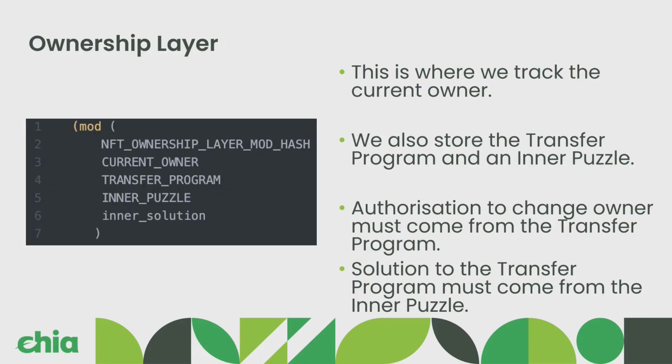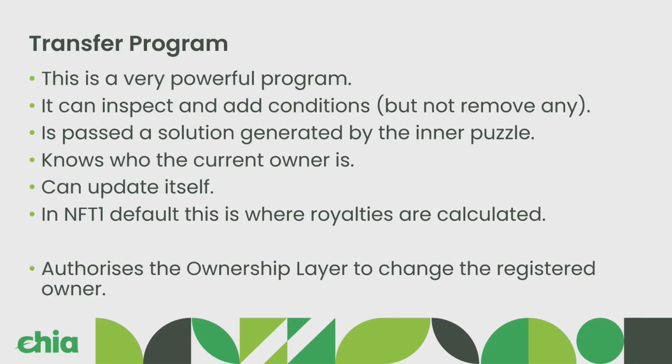Beneath this, we have the ownership layer, which tracks the current DID owner, a transfer program, which is similar to the DID-oriented transfer program design, but different, and then another opaque inner puzzle. Authorization can only come from the transfer program, and this transfer program is very powerful. This is put there by the minter and effectively counts as the lasting influence that the minter has over the NFT in its lifespan.